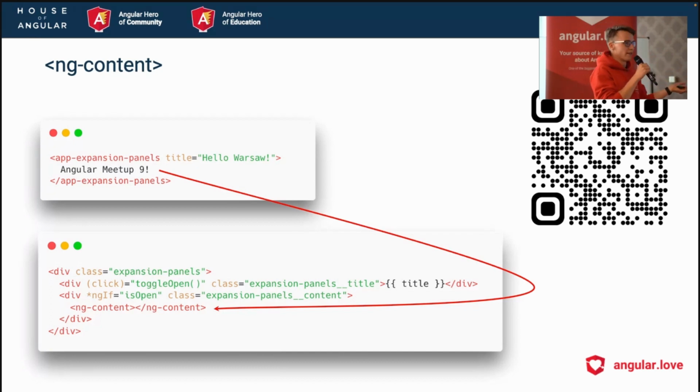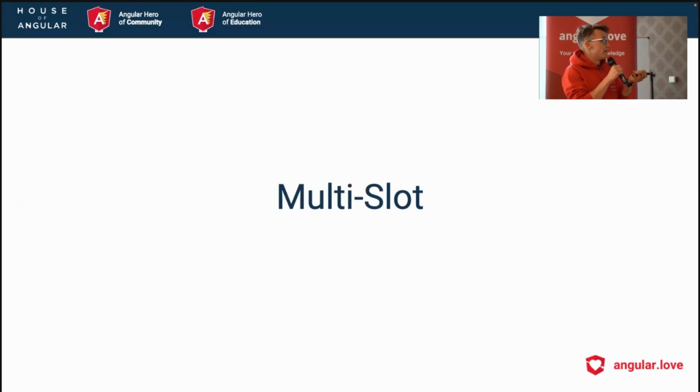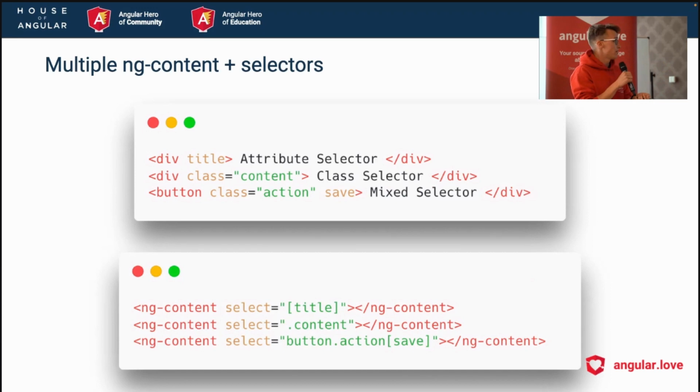Because we cannot have ng-content 1, ng-content 2, etc. So now we can do multi-slot content projection. And how can we do it? Just by using ng-content and selectors. And what can be the selector? It can be an attribute, it can be a CSS class selector, it can be a mix, also it can be a component, etc. But these are the more basic selectors that we can use.